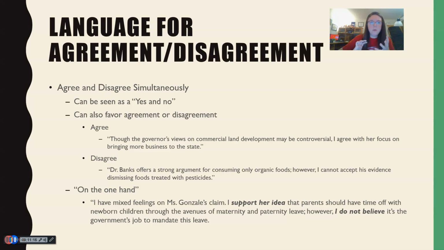And then finally, we want to consider language for agreement, disagreement. And I will say, depending on your topic, this will be something you see more often than not, especially as you start to develop your spectrum. Because you'll say, okay, well, if we've got the extremes, we've got sort of what we could approach as the binaries of the topic, and we're starting to say, okay, well, this perspective kind of agrees with this extreme in this way, but not so much that it's in complete agreement.